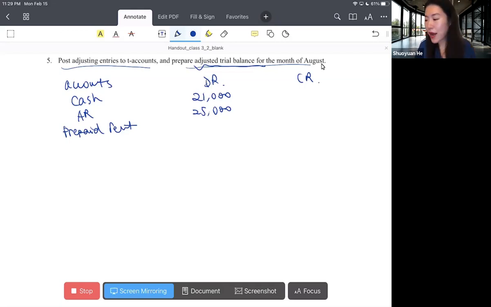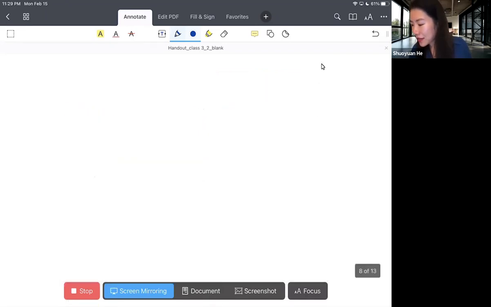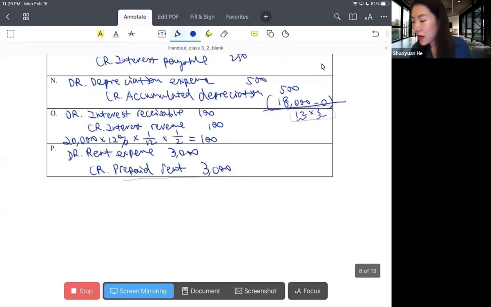So prepaid rent now becomes 3,000 because in this adjusting entry, we decreased the prepaid rent by 3,000.